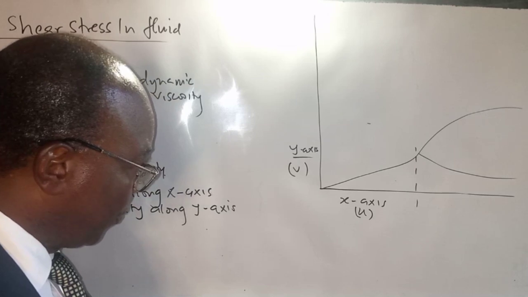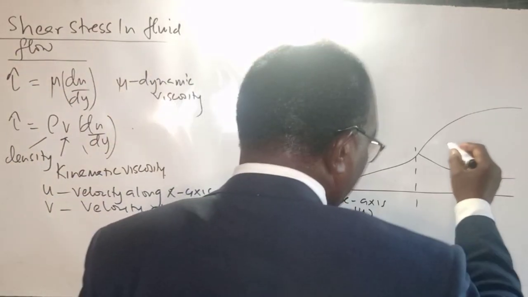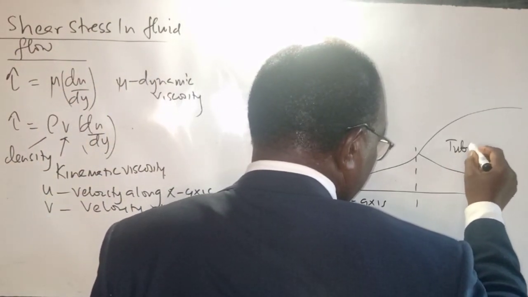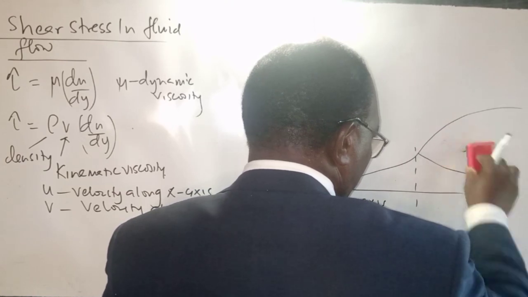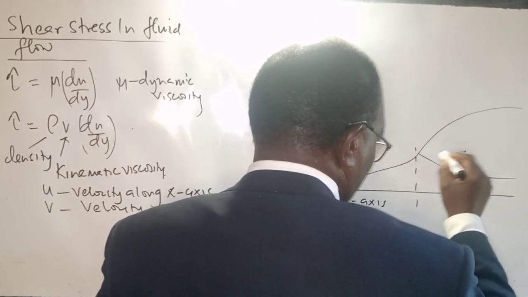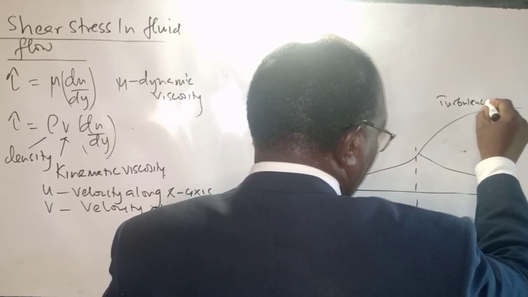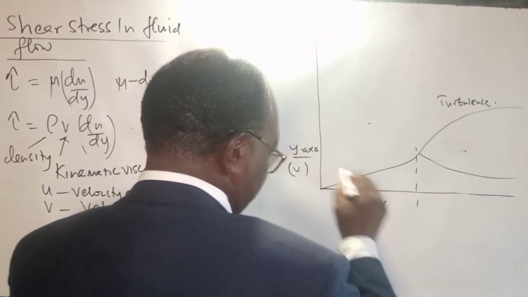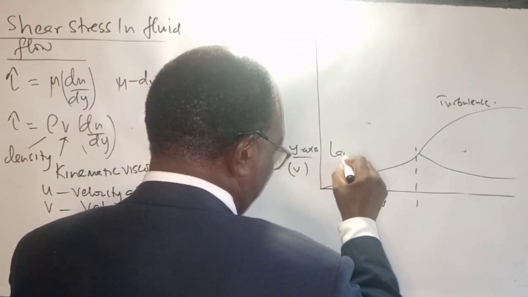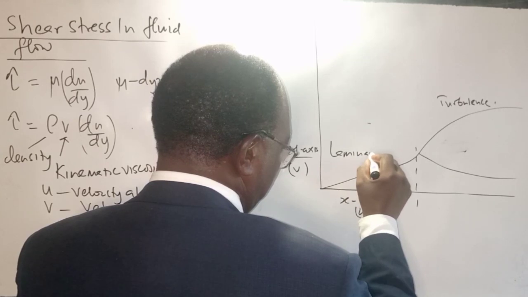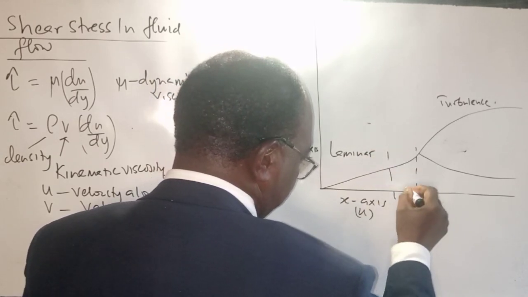And so, this is the turbulent layer region. Here we have kind of laminar flow. And let's say here there's a boundary.